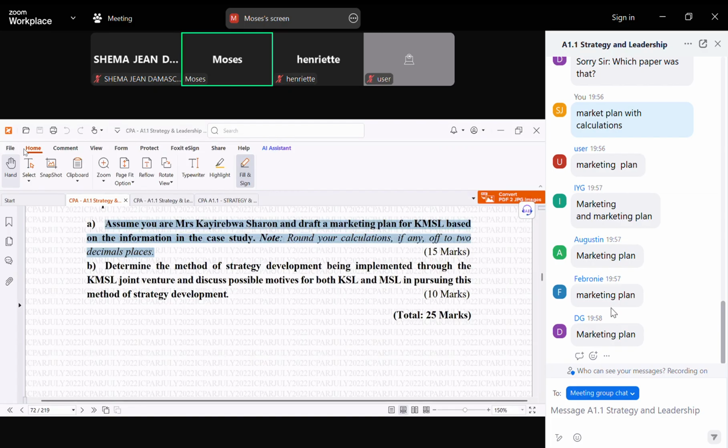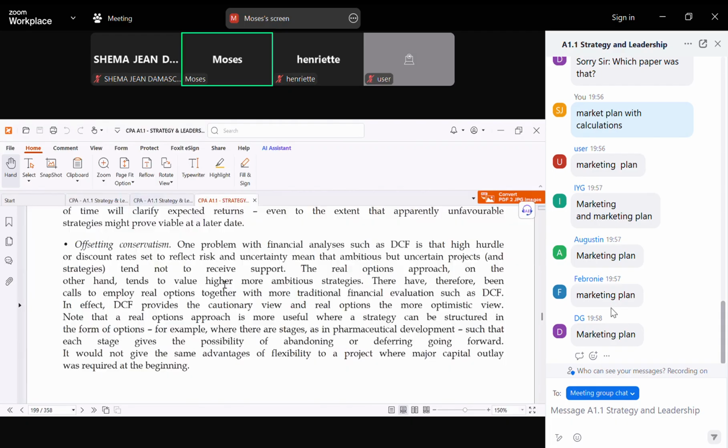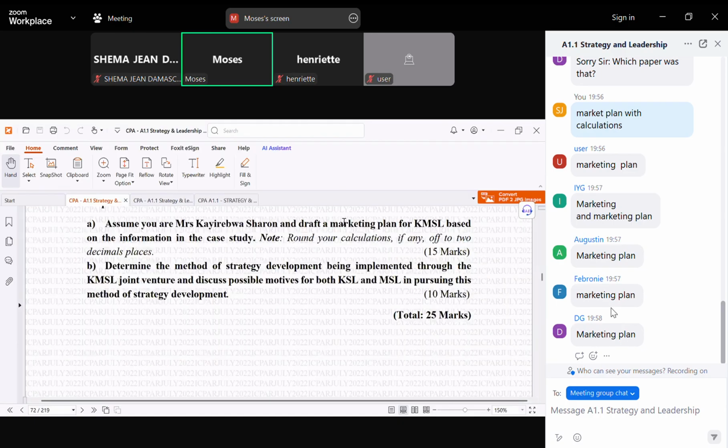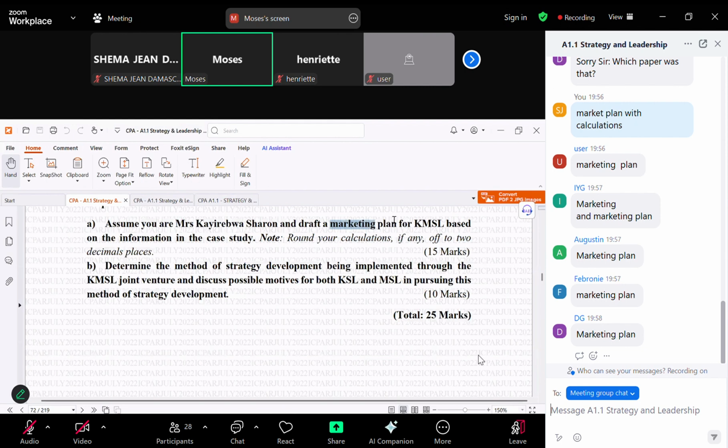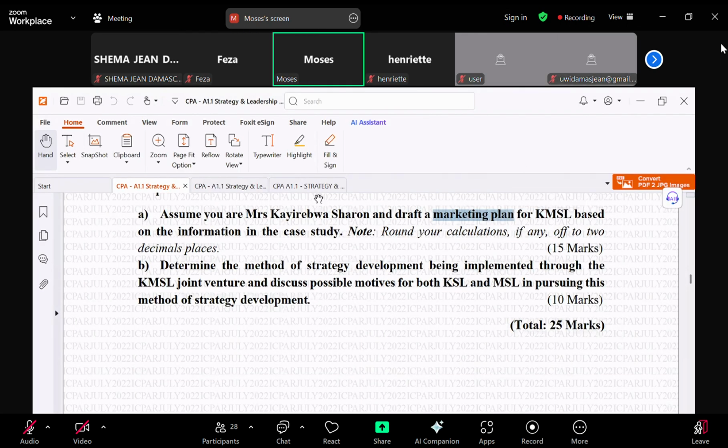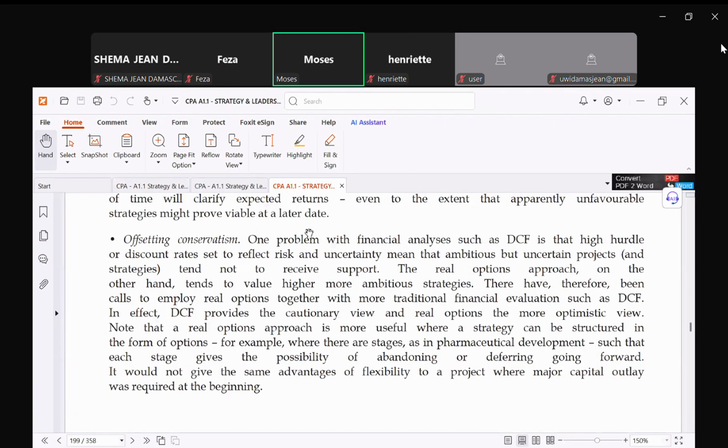Most of you got it right. The main concept here is the marketing plan. So what should you do when you are answering? Go to your textbook or whatever material you have, and before you answer the question, first explain the concept of marketing plan.